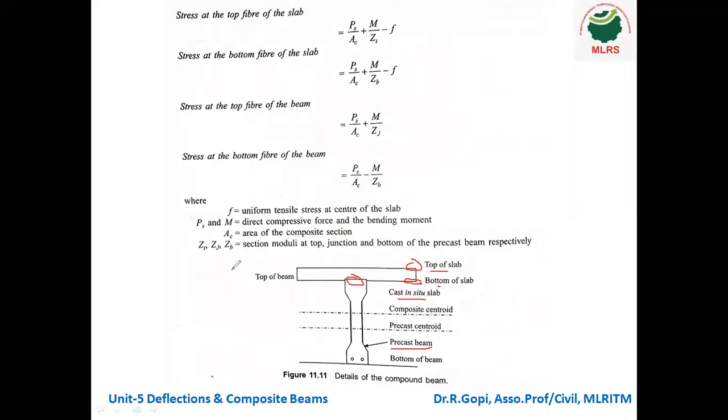Zt, Zj and Zb are the section moduli at the top, at the junction, and at the bottom of the precast beam respectively. So these are all the formulas we have to use in the shrinkage stress calculation, students.